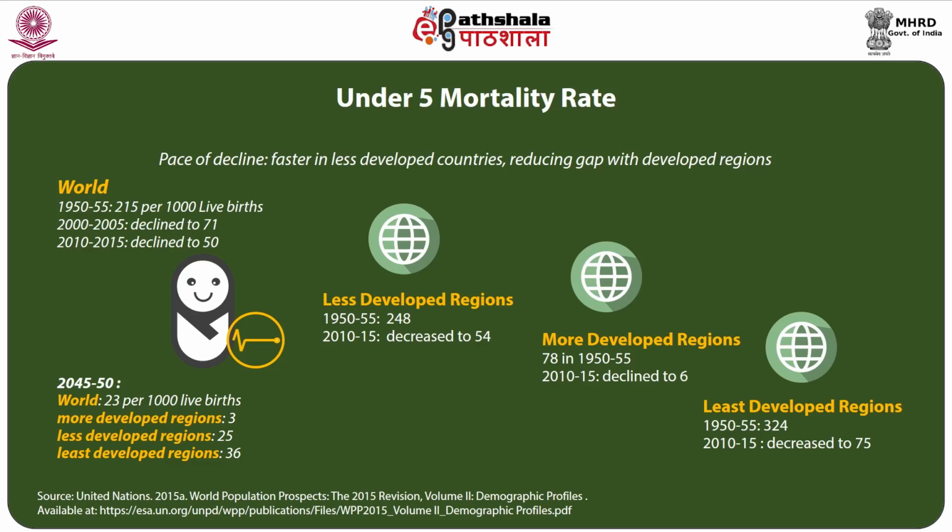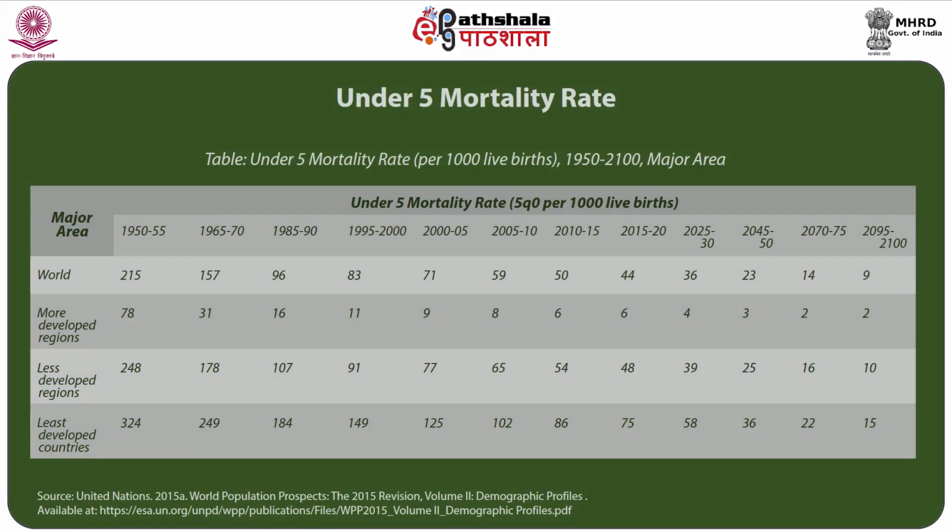What it clearly indicates is that the reduction in childhood mortality is coming in a big way in most of the less developed regions, which is a positive indicator. This chart clearly depicts the variations in the levels of under 5 mortality rate over a period of time across different regions of the world and the globe as a whole.